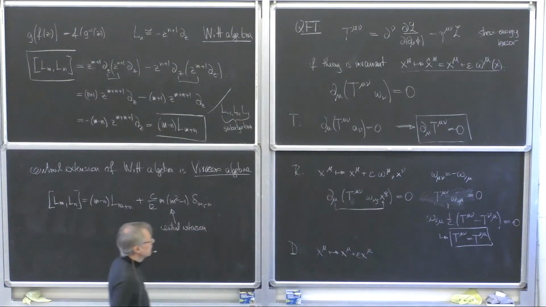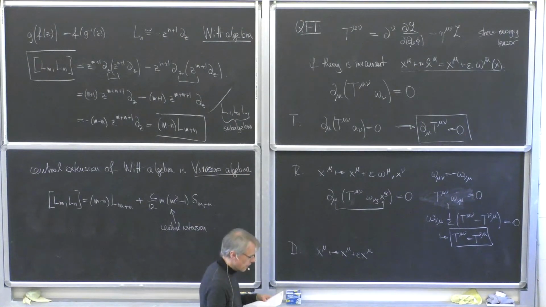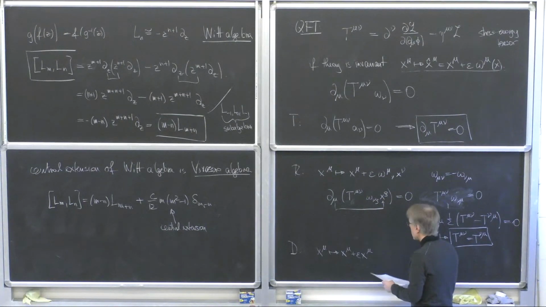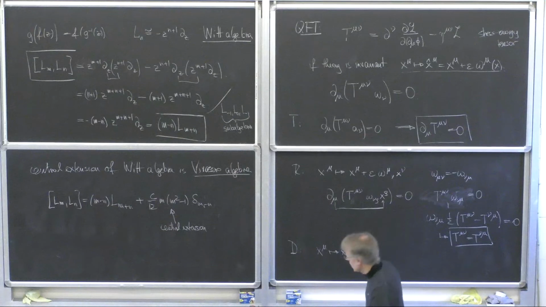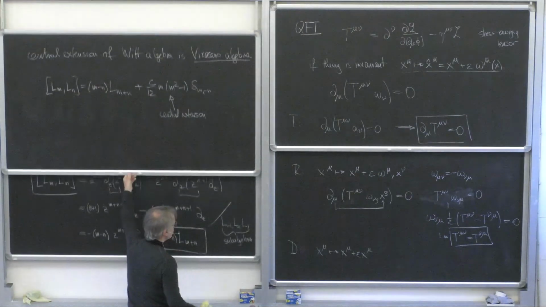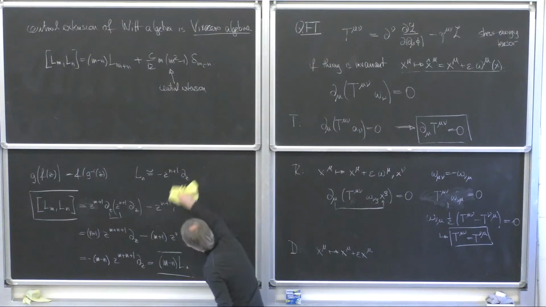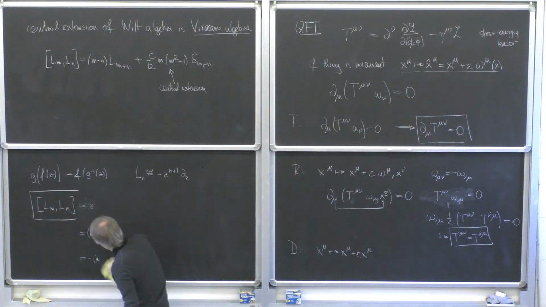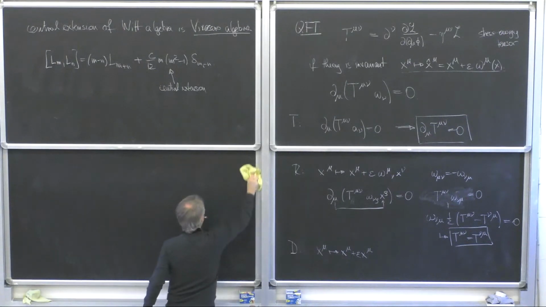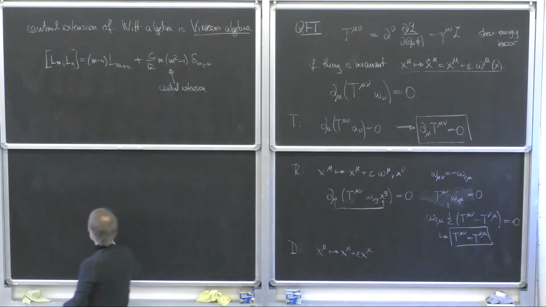Right, that would be the dilatation. And then what the corresponding transformation will be is that the conserved current is... So then what's the conserved current that's conserved?